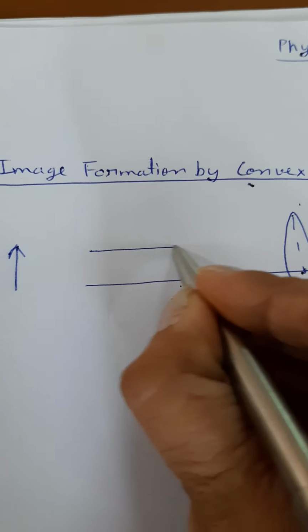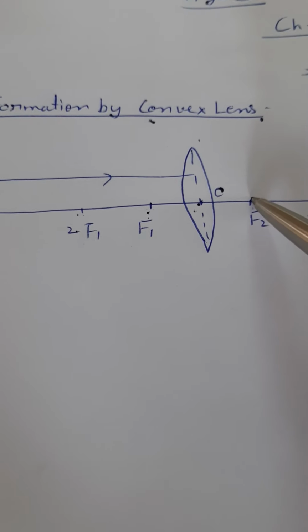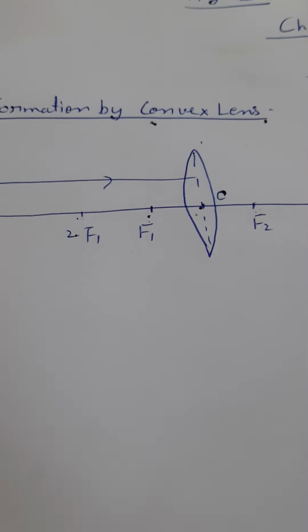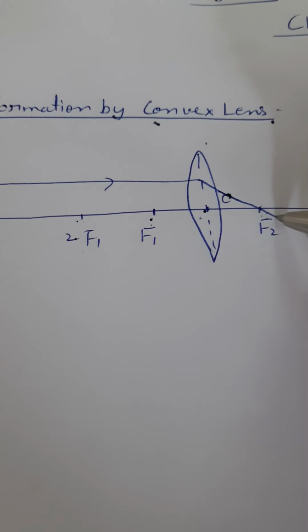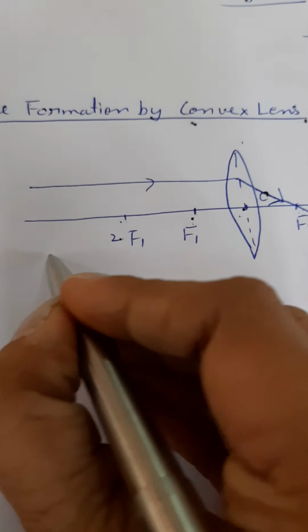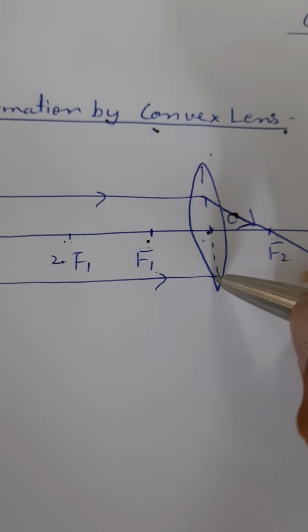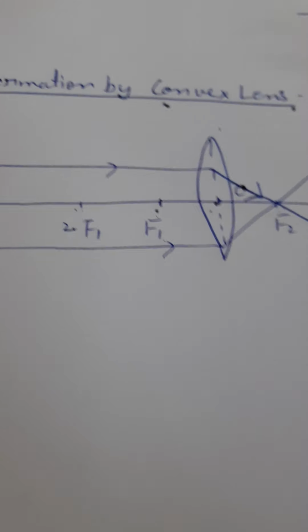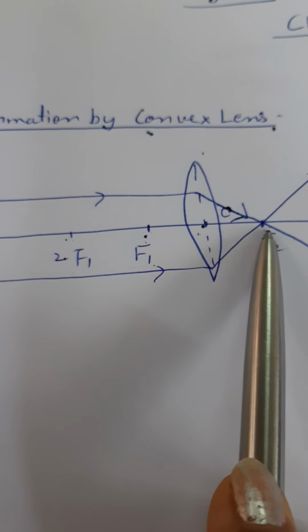A ray which is coming parallel to the principal axis, according to our rule, will pass through the focus after getting refracted from the lens. So this will be the refracted ray, this one. In the same manner, we will take one more ray and it will also pass through the focus. So here we can see that the object is at infinity and the image is at F.